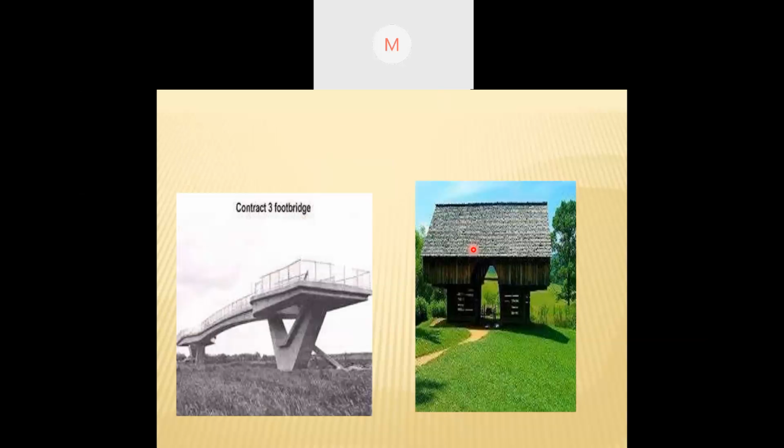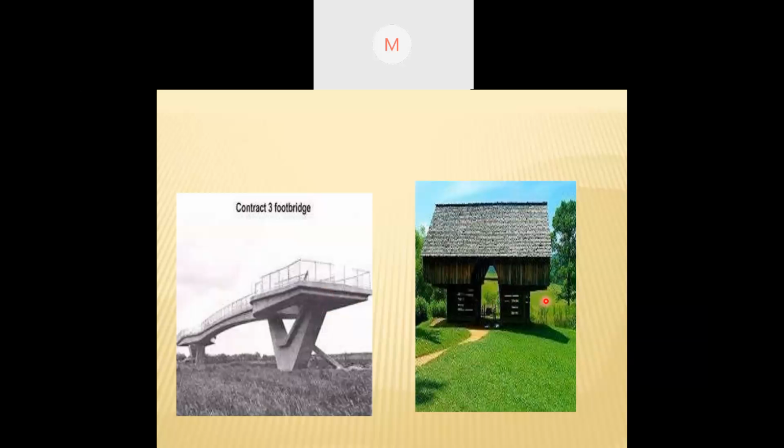If you see the next one, look at this. This is a footbridge support. The portion which is projecting outwards, or maybe of this home also, these are overhangings.